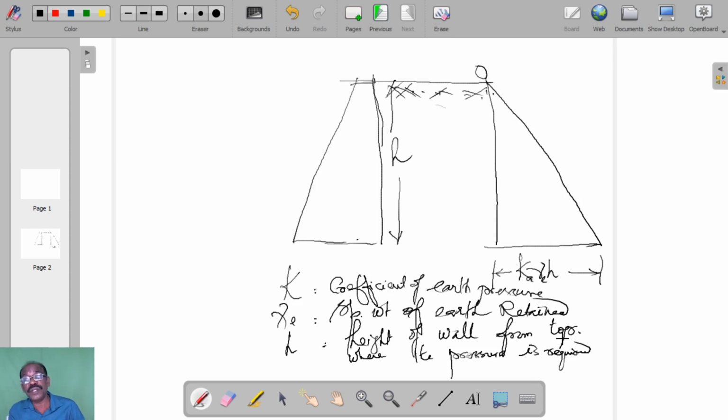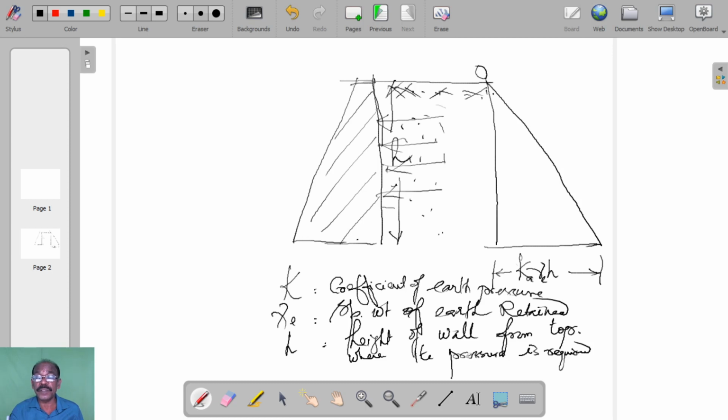What is meant by active earth pressure? Suppose the wall is here, and the earth is retained here. Definitely you can understand that because of the earth, the pressure will be acting like this.